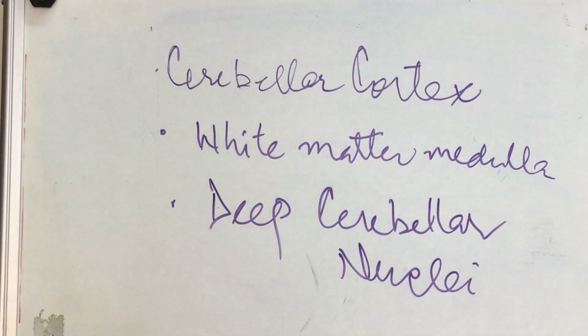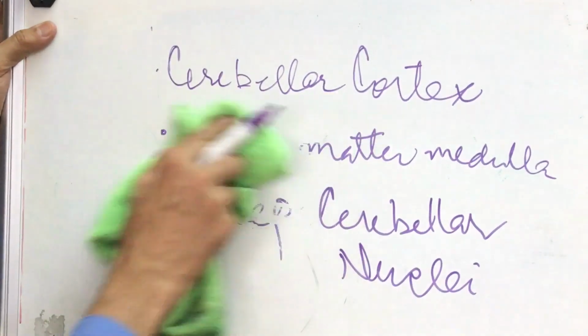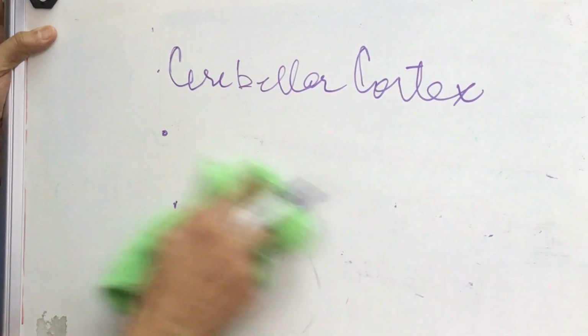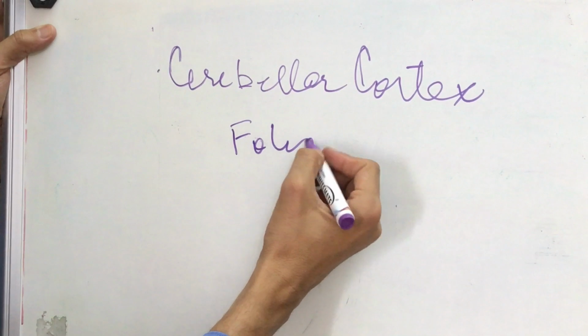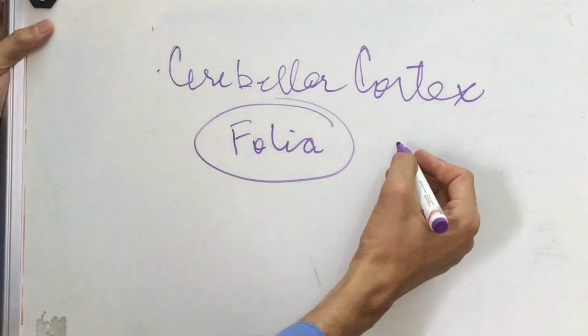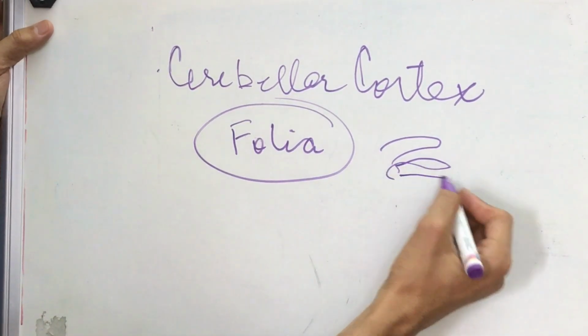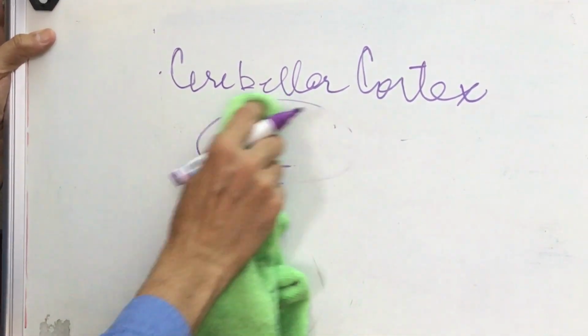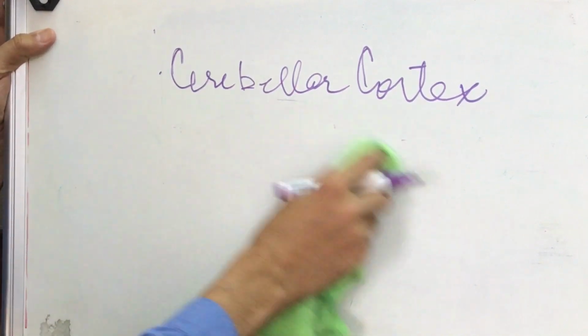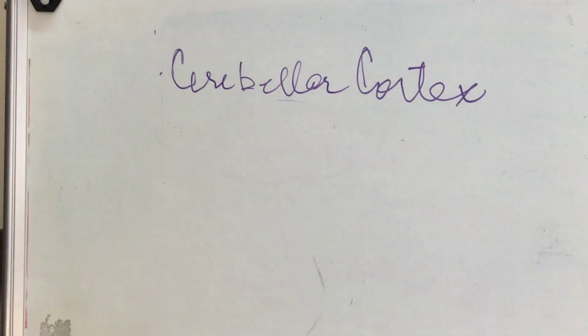The cerebellar cortex is further divided. First of all, it's extensively folded, and those extensive folds give it a shape like leaves, so they are called folia. Now if we further subdivide this cerebellar cortex, there are three layers within it.